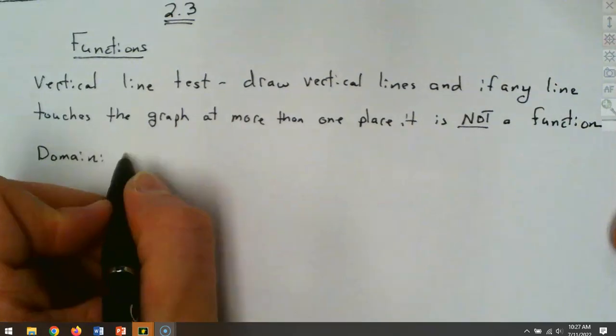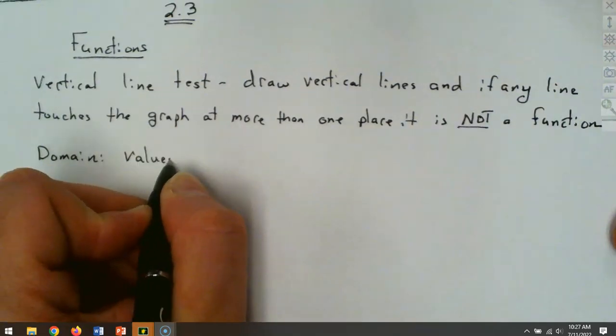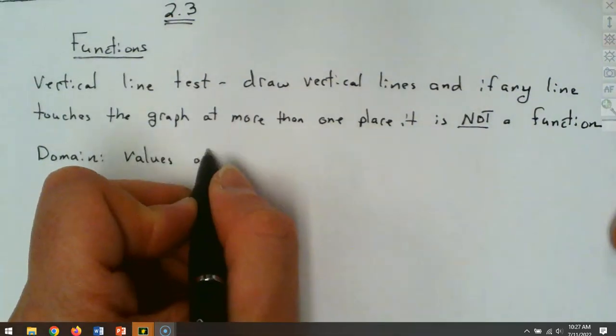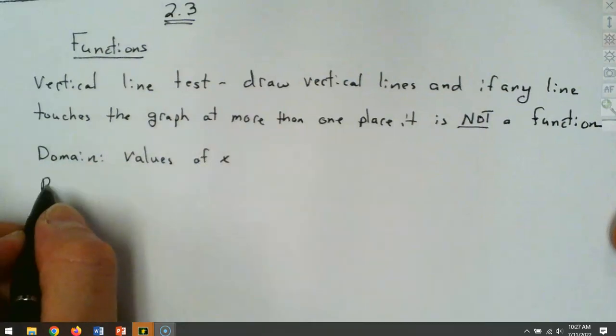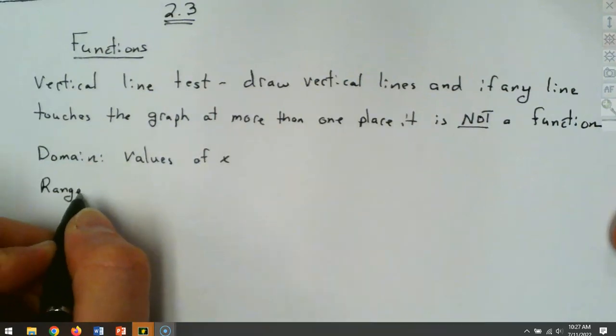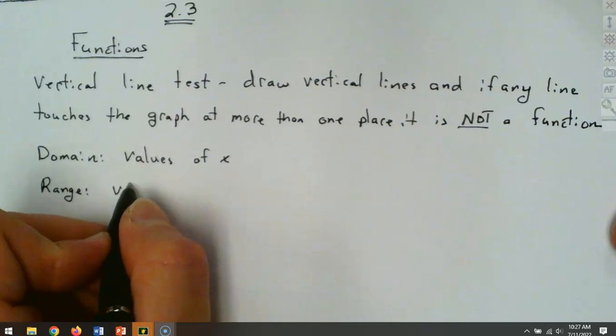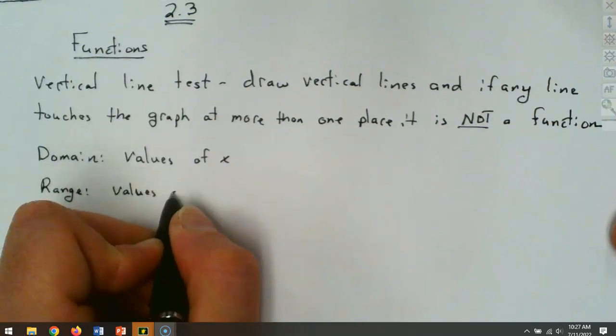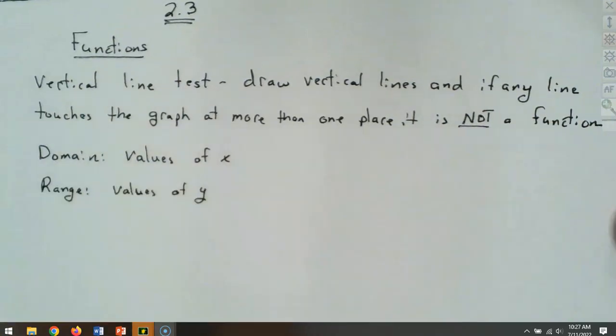The domain is the values of x, the possible values of x. And the range, sometimes called the target, is the values of y. So the range is the values of y. Domain is going to be our values of x.